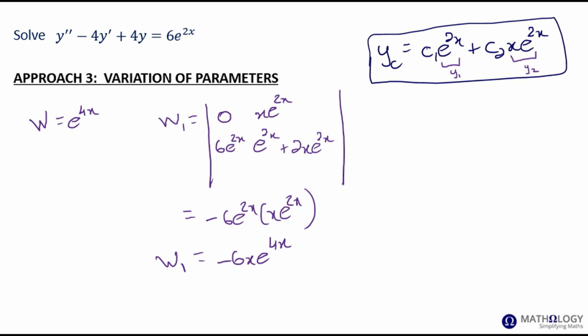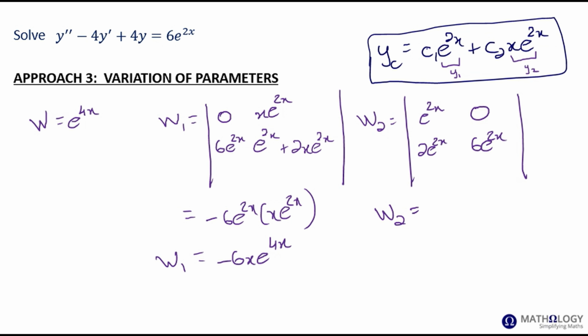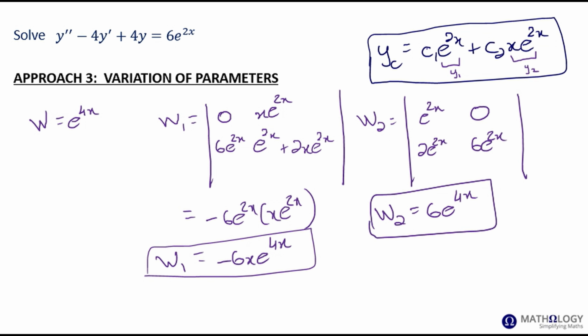So that's Wronskian 1. And then Wronskian 2 will be e to the 2x times 6 e to the 2x, which is 6 e to the 4x, and then we're subtracting 0. So we have Wronskian 1 and Wronskian 2.